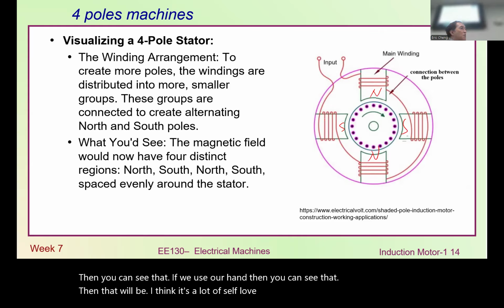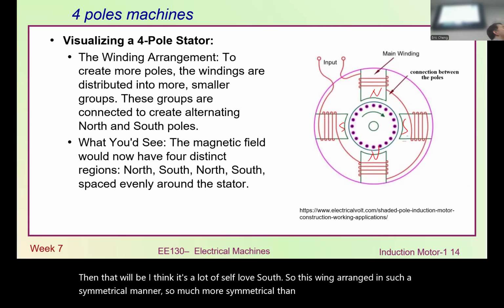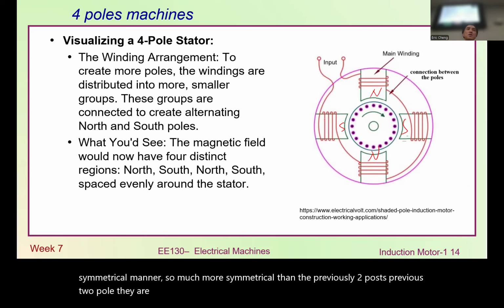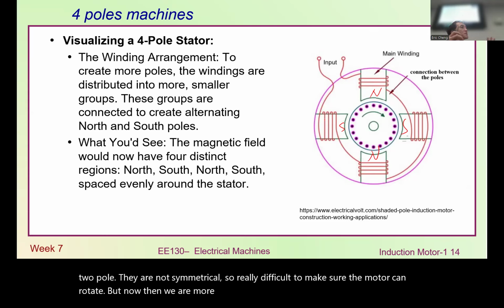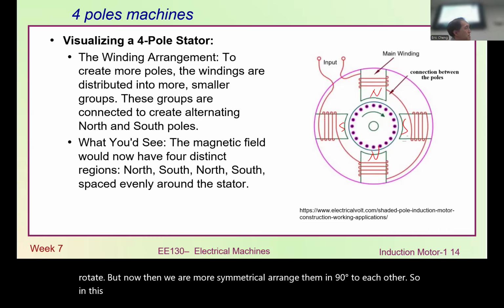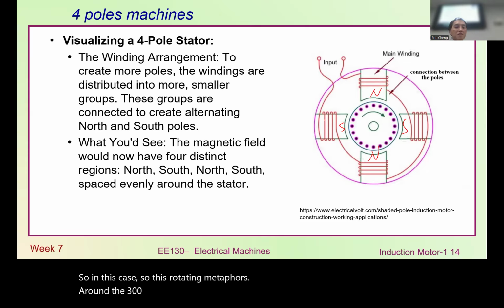So these are arranged in a symmetrical manner, much more symmetrical than the previous two poles. The previous two poles are not symmetrical, so it is really difficult to make sure the motor can rotate. But now it is more symmetrical, arranged 90 degrees to each other. In this case, the rotating magnetic flux all around the 360 degrees is able to interact with the rotor internally and create the rotation.